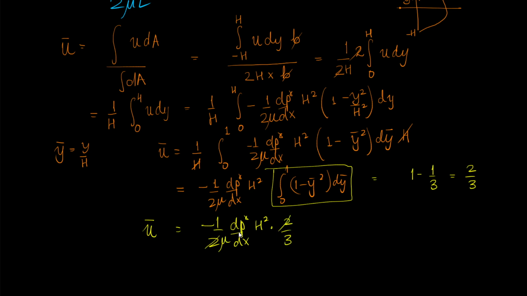So this 2 cancels out, and essentially the average velocity is minus 1 upon 3 mu dp star dx times h square.